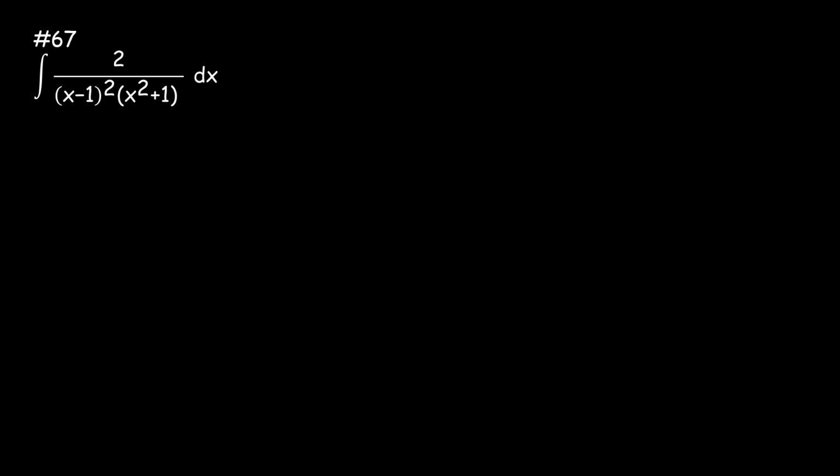Question 67, we have 2 over x minus 1 all squared times x squared plus 1 dx. Now this would have to use the notion of partial fractions, but since it's slightly harder, I'm going to explain it unlike our previous questions. So I'll go into detail.